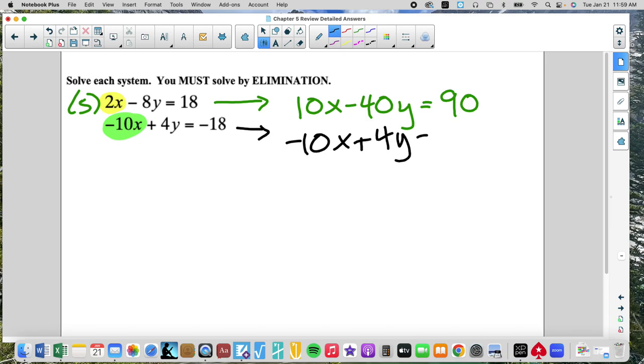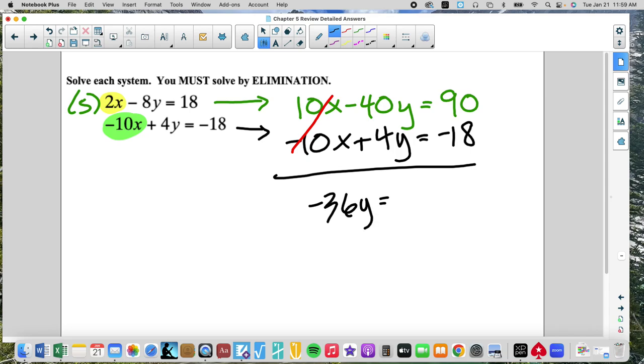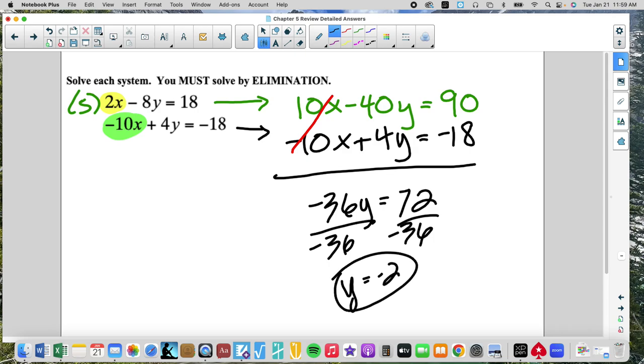I don't have to manipulate that equation because this is going to cancel. The x's cancel. We're left with negative 36y equals 72. And then we divide both sides by negative 36, and y equals negative 2.